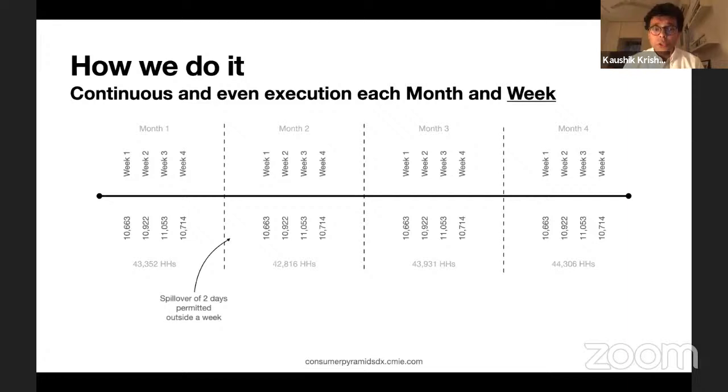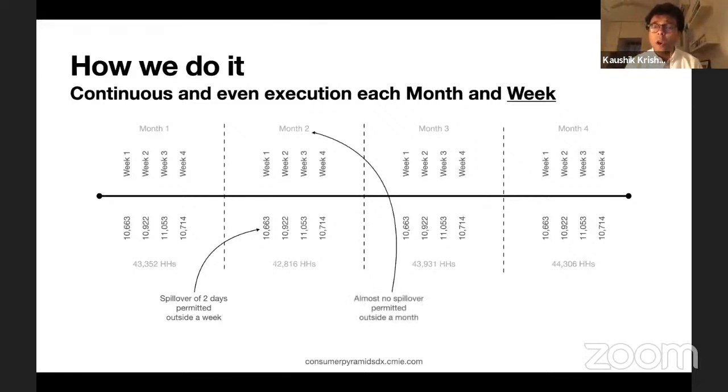So to ensure that this happens, we have very strict protocols. Firstly, we don't allow a spillover of more than 2 days within a week. That's all the room that someone has as a survey manager or as a surveyor to ensure that a household that was slotted for a particular week actually gets done. They can't exceed that 7-day period by more than 2 days.